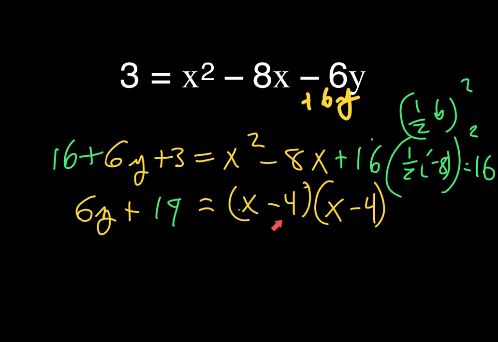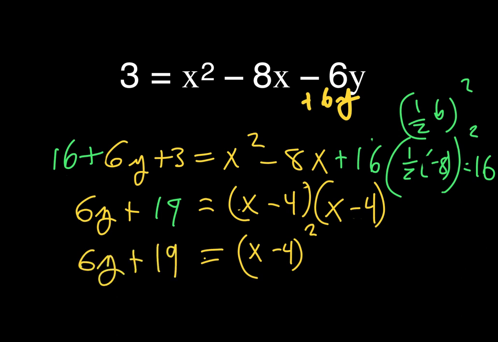This number should be what I had inside this parentheses. Half of b, half of negative 8 is negative 4. It should be negative 4 and negative 4. And the reason why I want that is I want x minus 4 squared. This equals 6y plus 19.